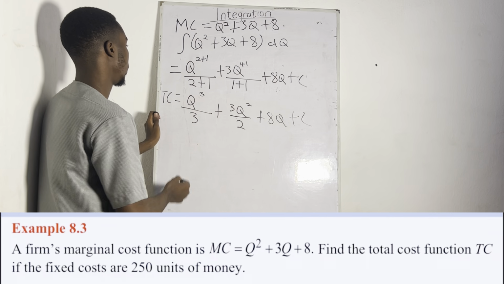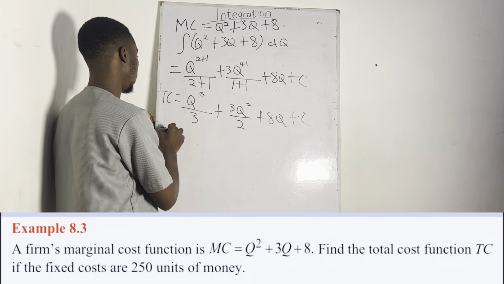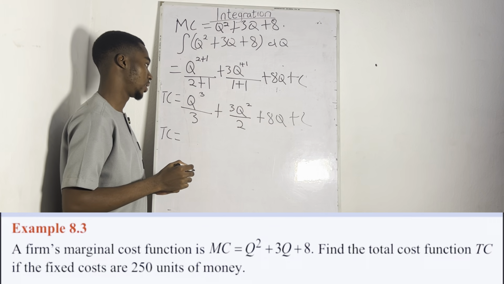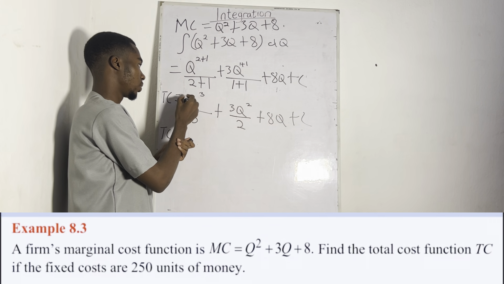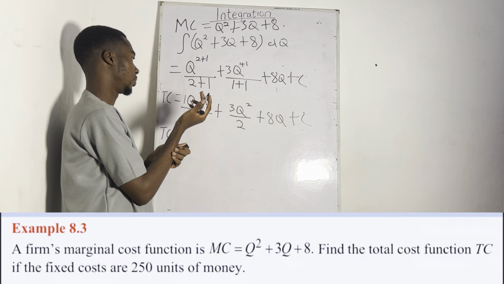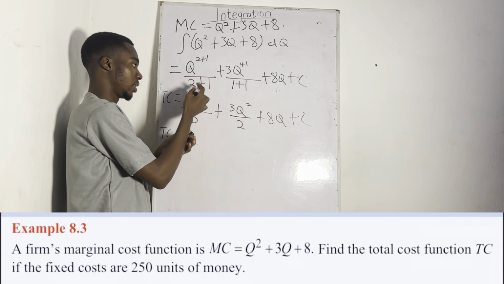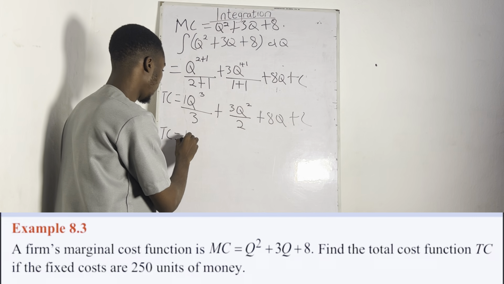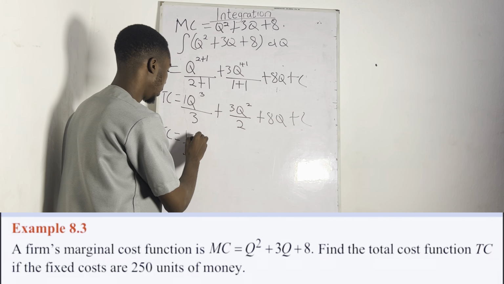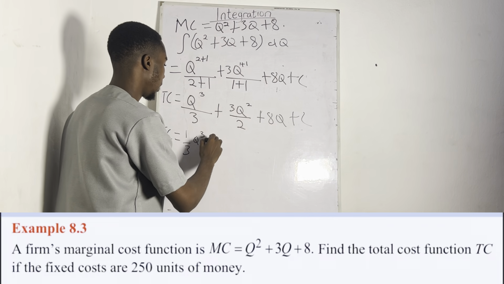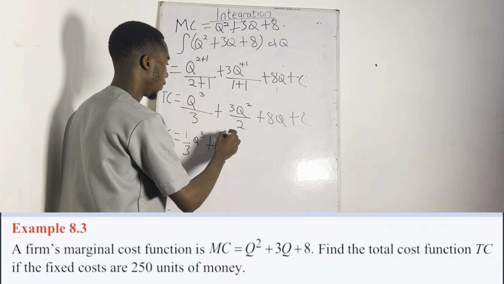Right. So now our final total cost function will be: q cubed over 3 is the same as 1 over 3 q cubed. You get it? Any number times 1 is the number itself.